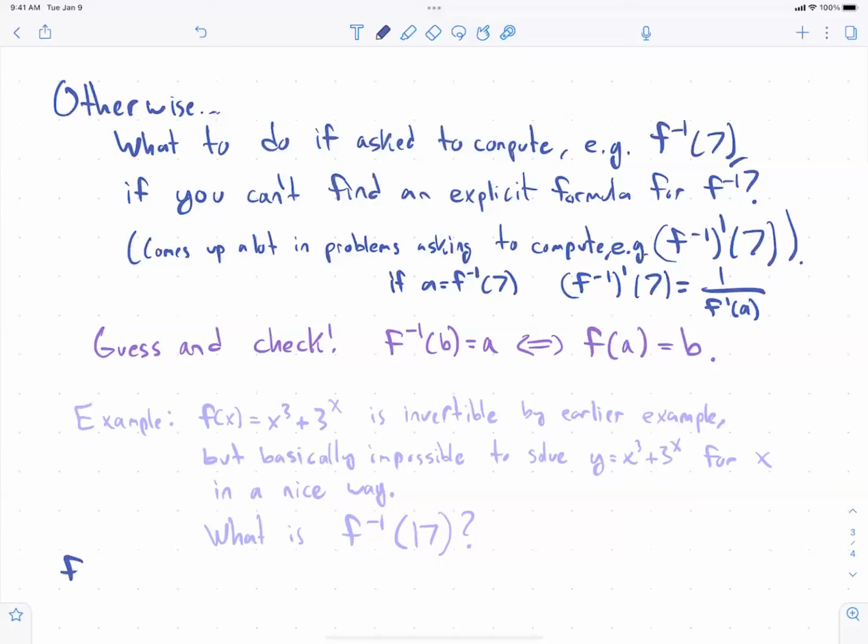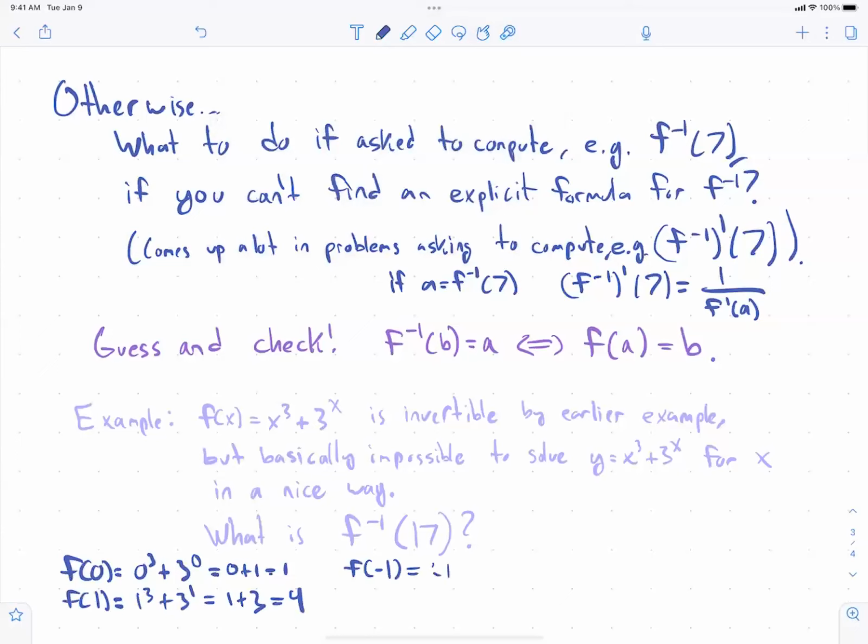So you might compute, well, f of 0, that's 0 cubed plus 3 to the 0, that's 0 plus 1, it's 1. So that doesn't work. f of 1, let's try it. f of 1 is 1 cubed plus 3 to the 1, so that's 1 plus 3, that's 4. Okay, that's not 17, so keep on going. Maybe f of minus 1.